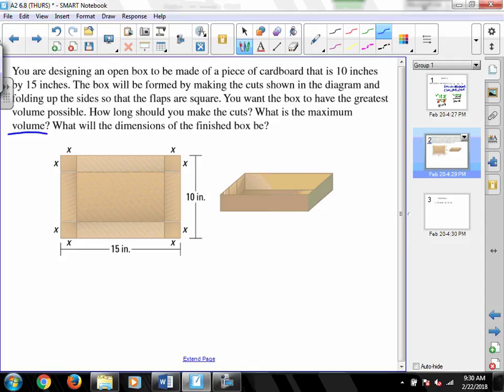So, how do I find the volume of a box? Multiply what? Length times width times height. Good. Volume is length times width times height.